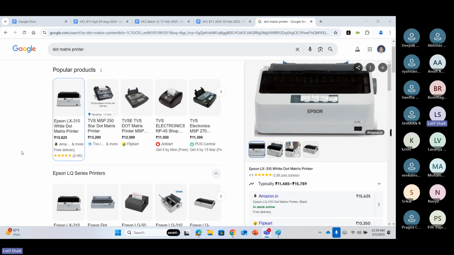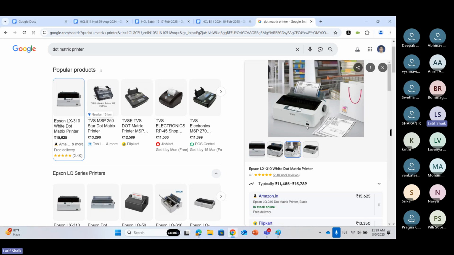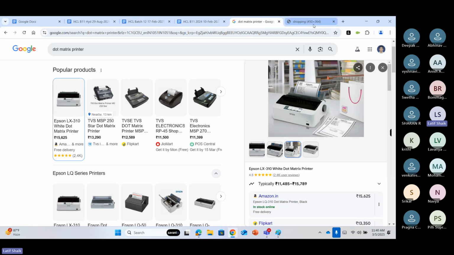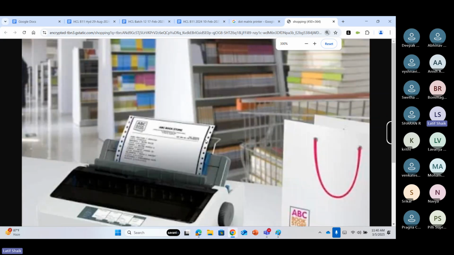It is text-based printing. You can open this image. You can see on the sides there are dots, meaning holes for gripping purposes, and text printing on it.